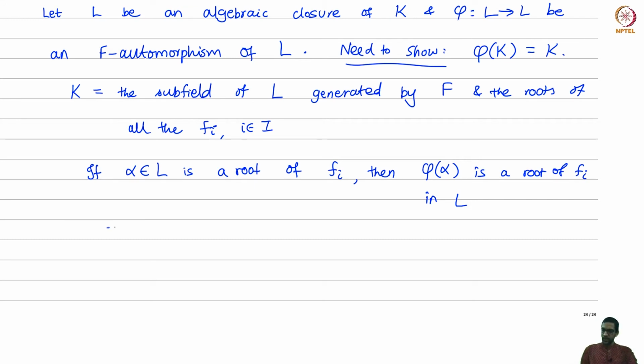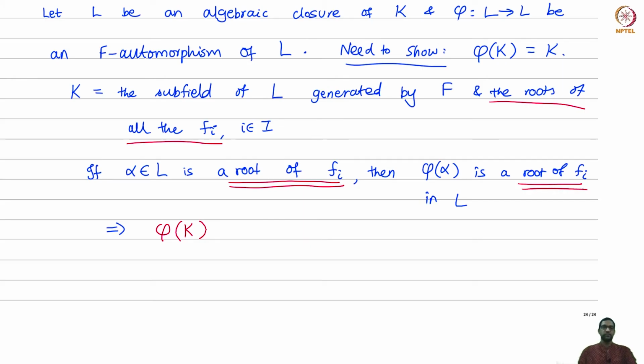So what does that mean? It says that since K is just the subfield of L generated by F and all the roots of the f_i's, when you apply phi to K, you have to apply phi to all the roots of all the f_i's and see what you get. But the roots of f_i's under phi map again to the roots of f_i's. So phi sort of preserves the set of all roots of all the f_i's. That collection is preserved by phi.